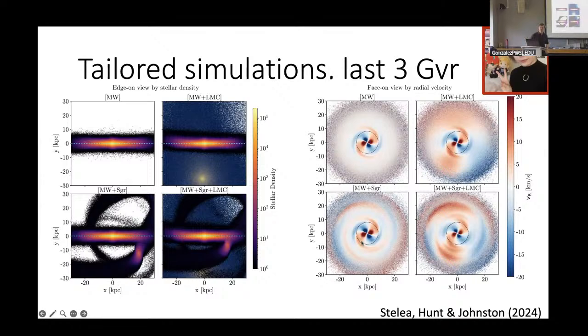For a Sagittarius, you get these thin bands, and actually the arcs of radial velocity are very well matched to what we get from a well-tailored orbit of Sagittarius. However, this model does not make phase spirals that look anything like what we see in reality. So my impression is that some of these things we will be able to extract, but I think there are multiple things going on top of each other.